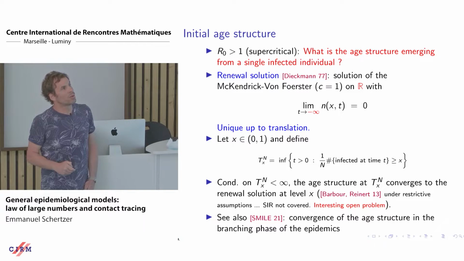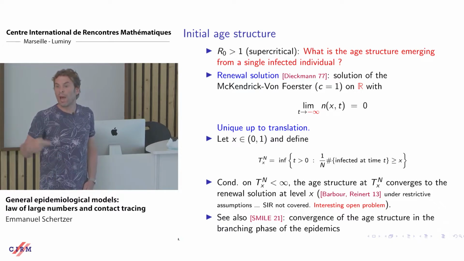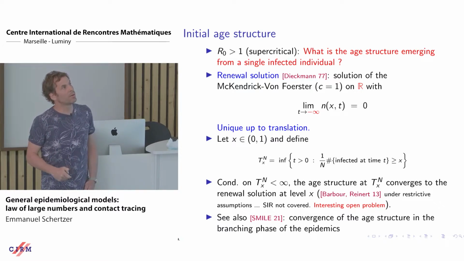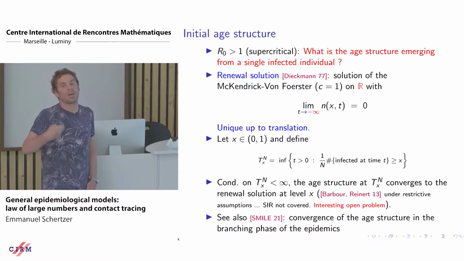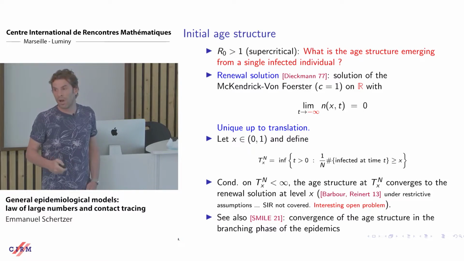What you want to construct here is a solution of the McKendrick-von Foerster PDE, except that now at time t equals 0, you don't have any temporal initial condition, because your solution is not constructed on R+, it's constructed on R. The assumption that you would like to make is that the solution is non-trivial, it's not equal to 0 for every t, but when t goes to minus infinity, this quantity goes to 0.